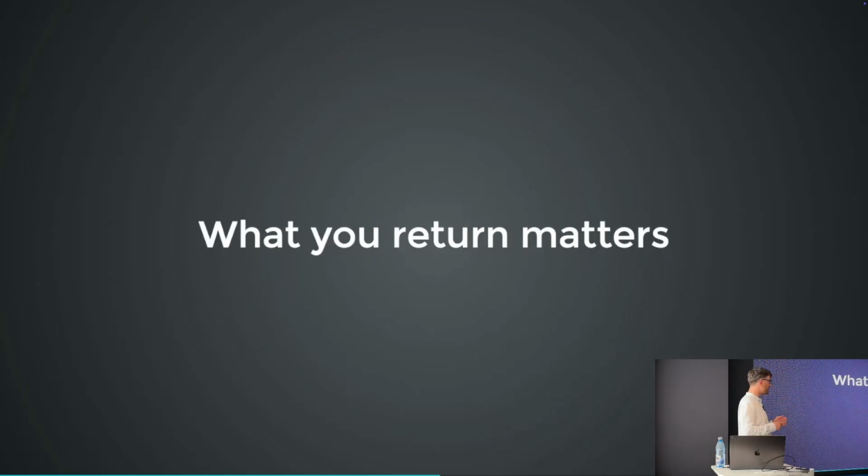And since I'm talking about what you return, this matters a lot, and it matters from at least two different points. Once, this is what the agent sees, right? So if I tell it to search for content, and then I return from my search function and just tell it, "Okay, search completed," it will know that the search is completed.